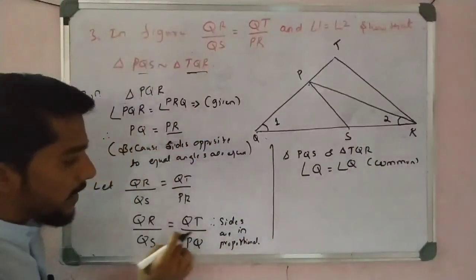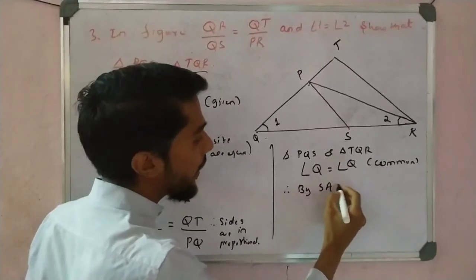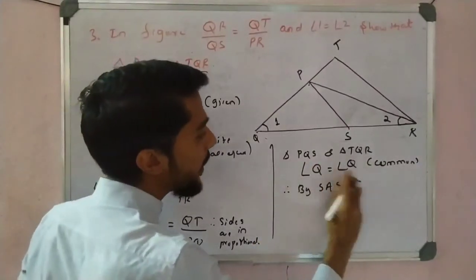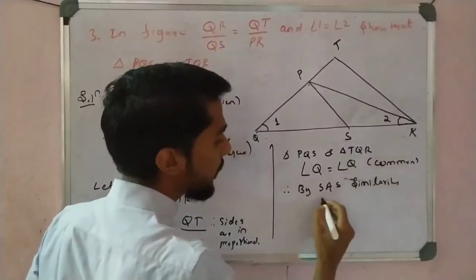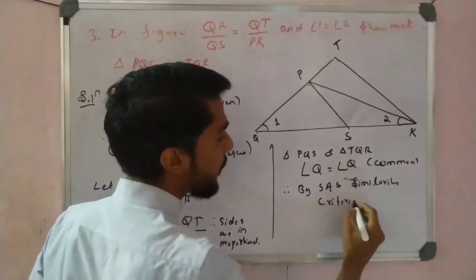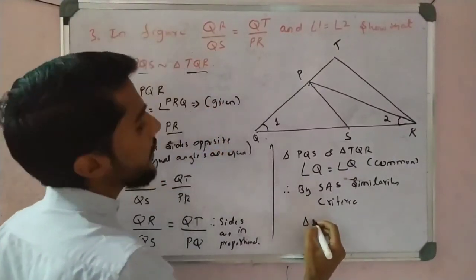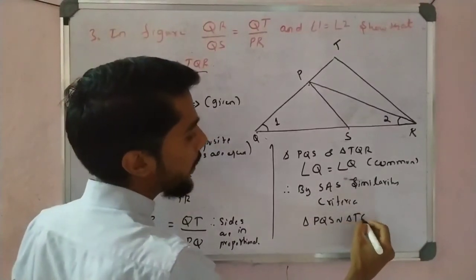Therefore, by the side-angle similarity criterion, we say that triangle PQS is similar to triangle TQR.